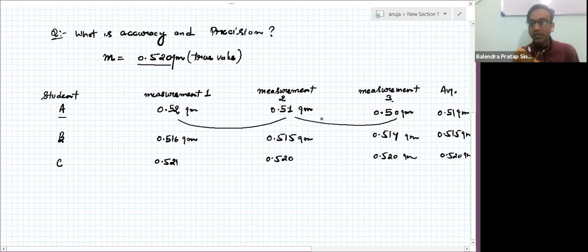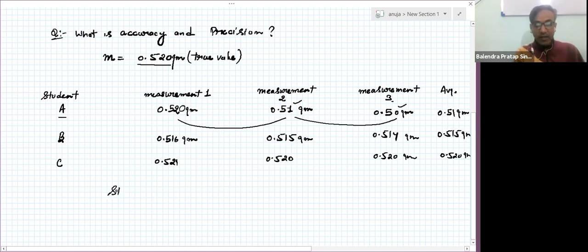There are some other digits like 0.519, 0.518, 0.521. These are missing, meaning the third decimal place is missing. This is not present here. So the observation of student A is not precise and not accurate.